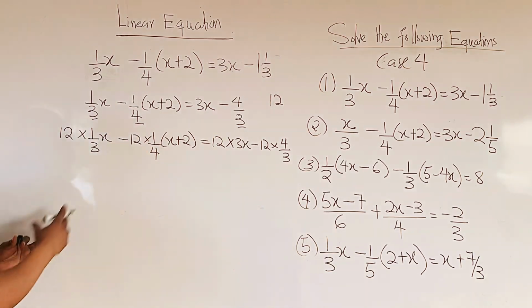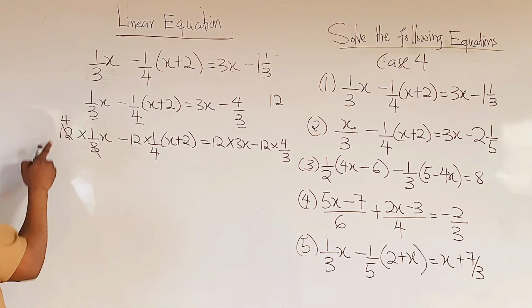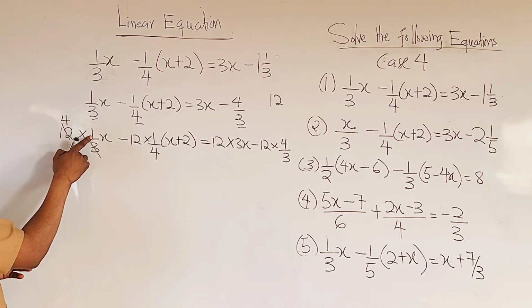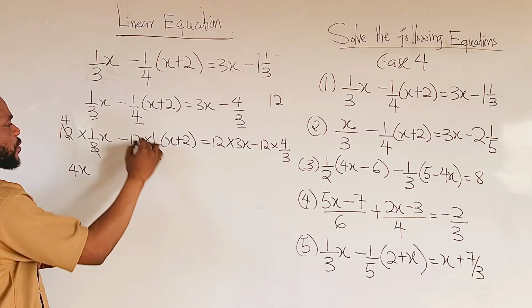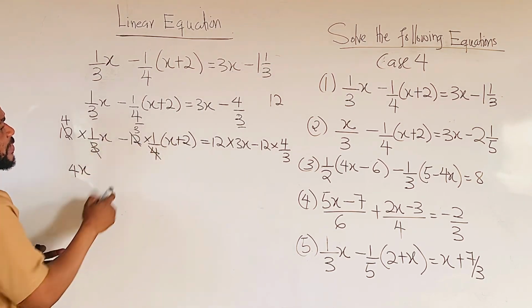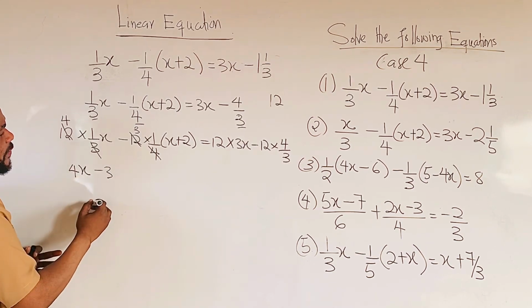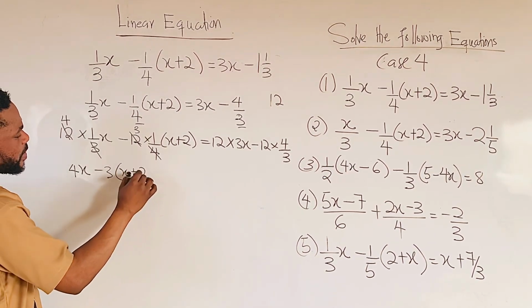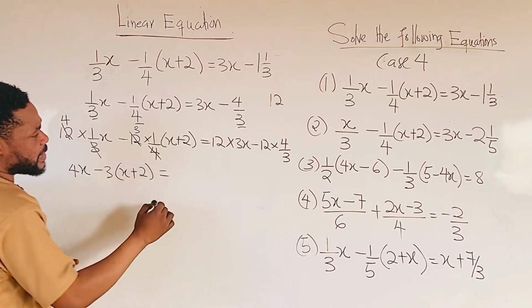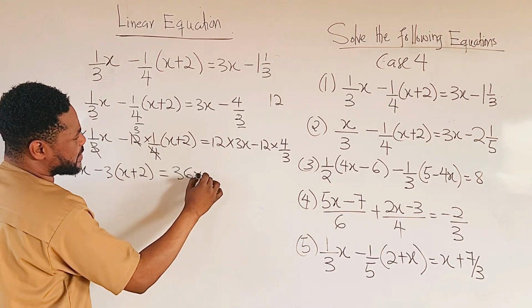At this level, we do cancellation. This will cancel this 4, all right, and 4 times 1x, we are going to have 4x. This will cancel this, we are going to have 3, and 3 will multiply 1, which we are going to have -3 here multiplying x plus 2. All right, and this will multiply this, we are going to have 36x.